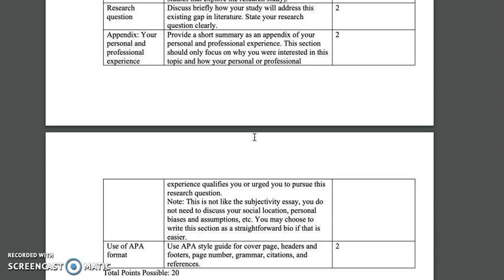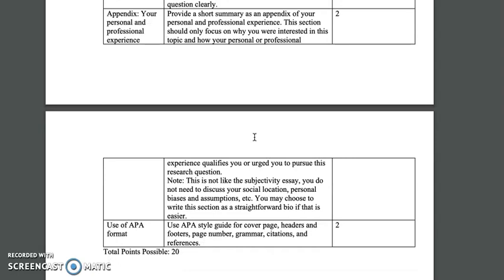Or you may choose to simply write this section as a straightforward bio, providing an explanation of why you are qualified to study this topic, or what perspective you bring based on your personal and professional experiences to this topic, right? What lens do you bring to this topic?